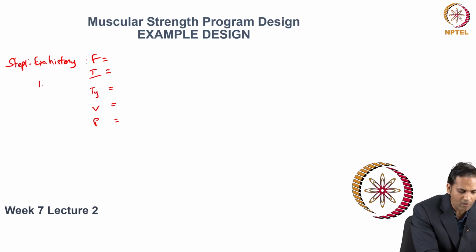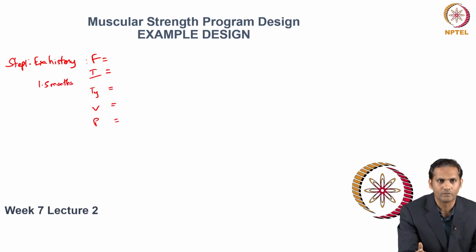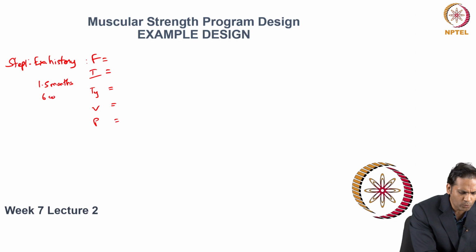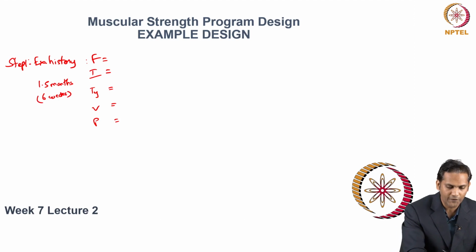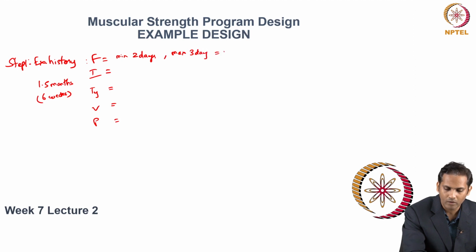I have a gap of 1.5 months in my last training session, so around 6 weeks of gap. Before that, I was exercising regularly for 9 months, where the frequency of my training for muscular strength was minimum 2 days and maximum 3 days of muscular strength workout.